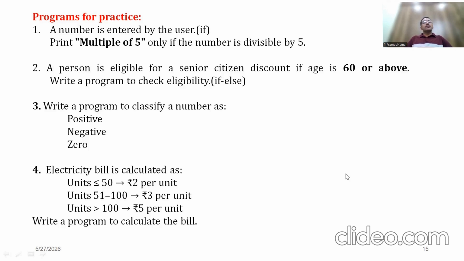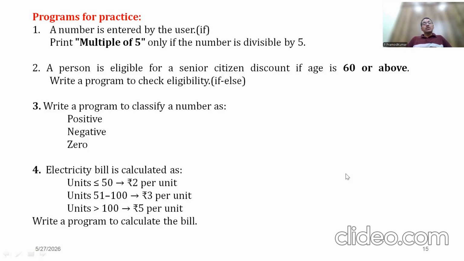where the number is 0. Then the fourth one is to calculate the electricity bill as per the constraints. So in this case, the input is the number of units consumed by the user. If a user has consumed less than or equal to 50 units for that particular month, per unit, the charge is 2 rupees.